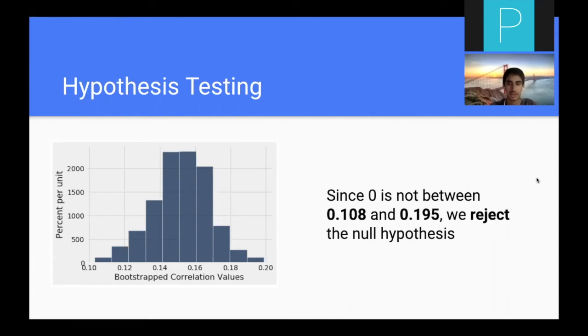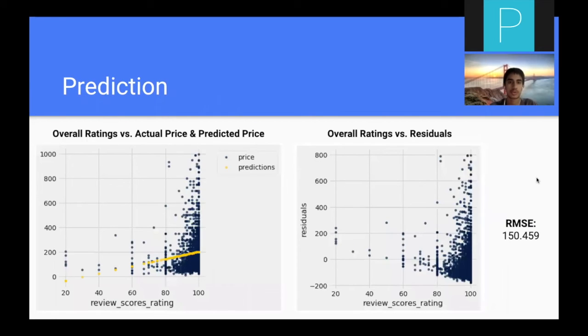So next slide. So for the prediction section, we wanted to see if an Airbnb listing's overall rating can be used to predict its price. And we chose a linear regression model because prior to this project, we had expected these variables to have a strong positive correlation. Now, based on what we've seen, they actually have a weak positive correlation.